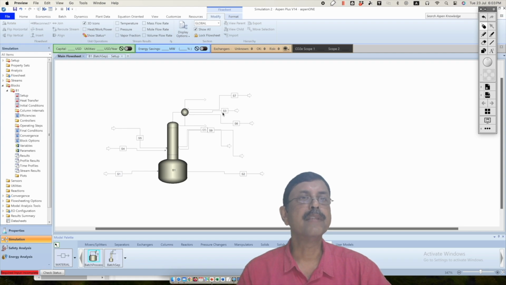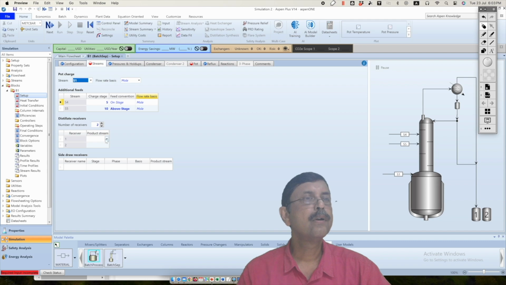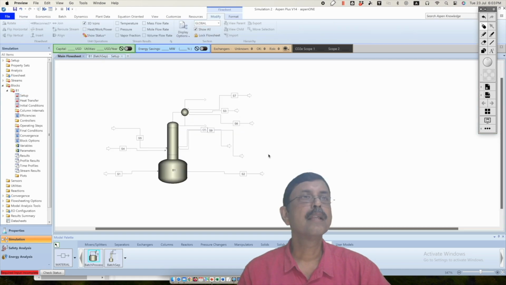There are 3 of them, right? S3, S6 and S7. Suppose we say that S3 will go to receiver number 1 and S7 will go to receiver number 2. That is how we fix our S3 and S7.